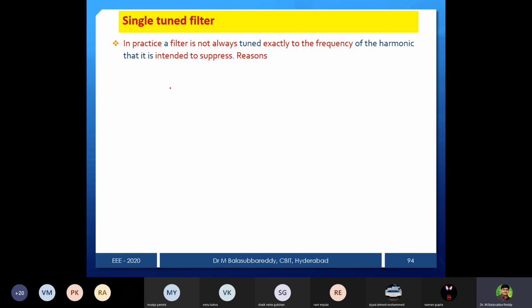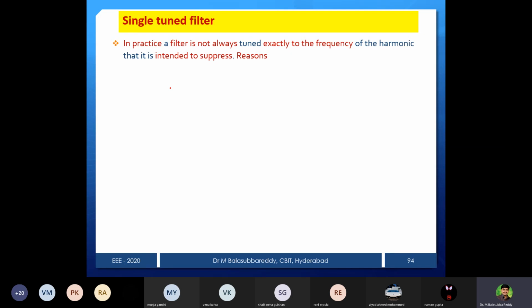Let's consider that 150 Hz is the frequency we are designing the filter for. The variation may happen either on the source side or on the filter side. Let's consider the source side first. I want to suppress the 150 Hz frequency, need to eliminate it. But I considered the source as 50 Hz, which is why I got 150. The source may not be exactly 50 Hz, it may fluctuate. So that is the reason it may not be exact.